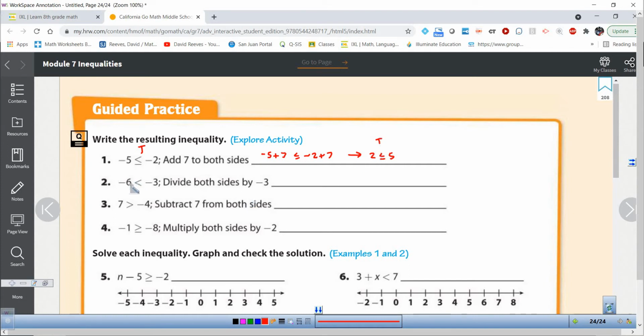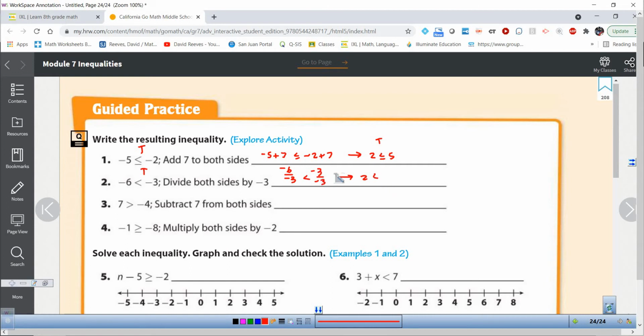All right, what about this one? Negative 6 is less than negative 3. That is a true statement. Now they want me to divide both sides by negative 3. Negative 6 divided by negative 3 gives me 2, and I'm going to put the less than symbol here.